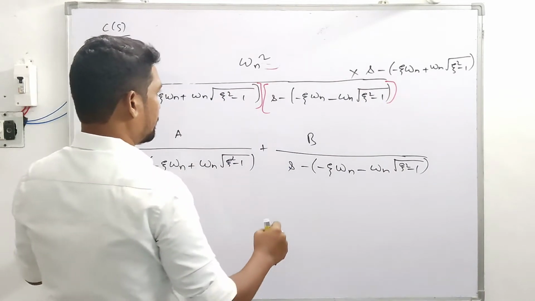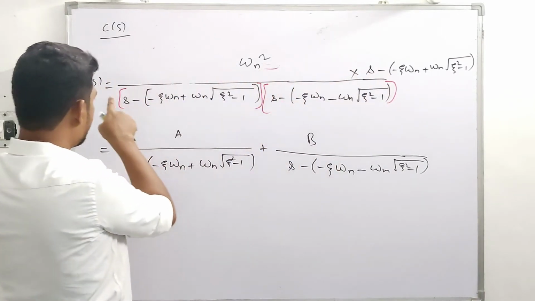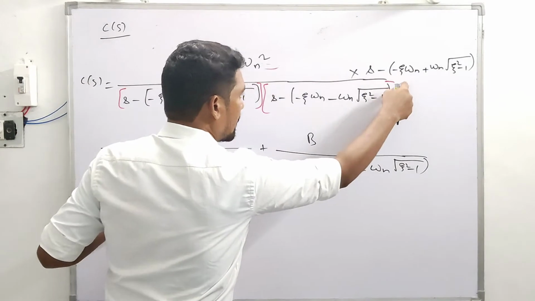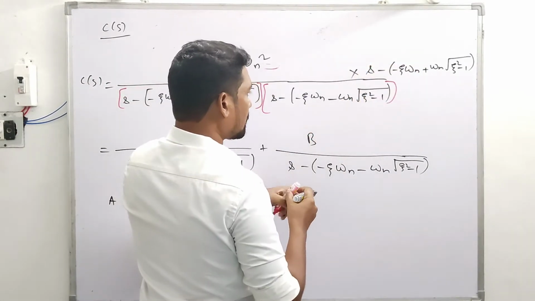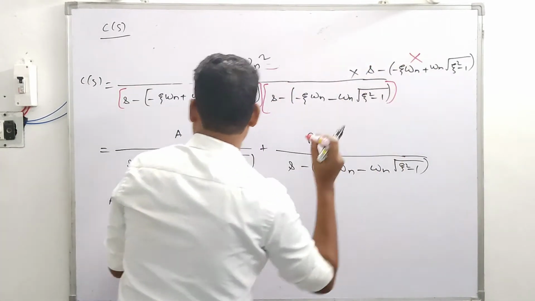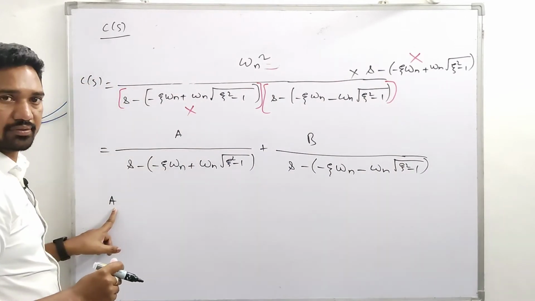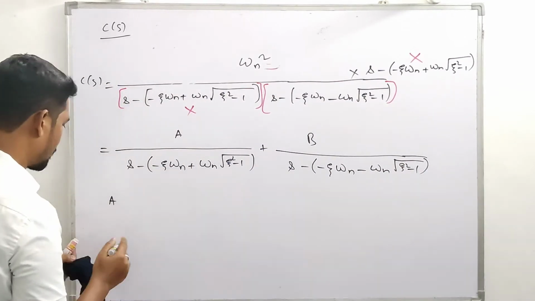And okay, when C of s is multiplied with this term, this term and this get cancelled. All right, so that gets cancelled.